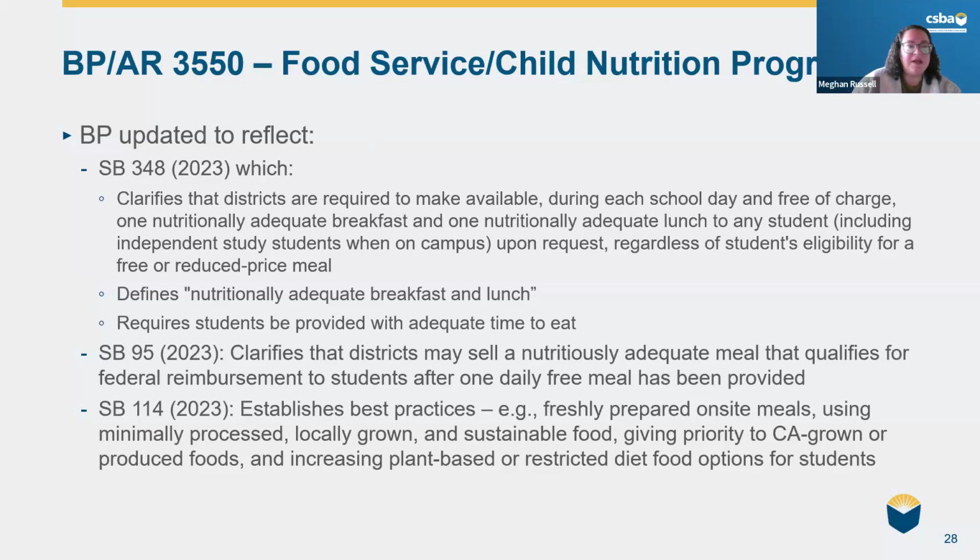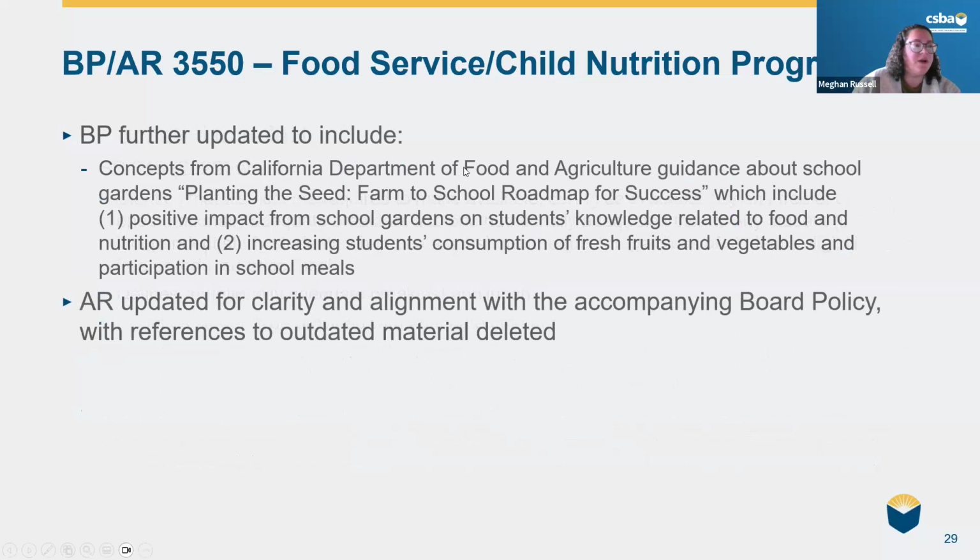And if we can go to the next slide, I'm still talking about the same policy 3550. The policy was further updated to include concepts from the California Department of Food and Agriculture publication called Planting the Seed, Farm to School Roadmap for Success.